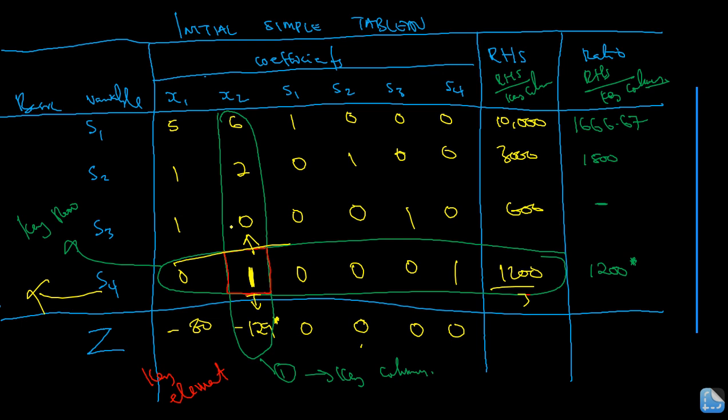If you find that there are values above and below the key element which are zeros already, what you have to do simply is lift the entire row and put it in the second table, or the second iteration of a simplex table. In our case, we have a good example because the value just above our key element is a zero.